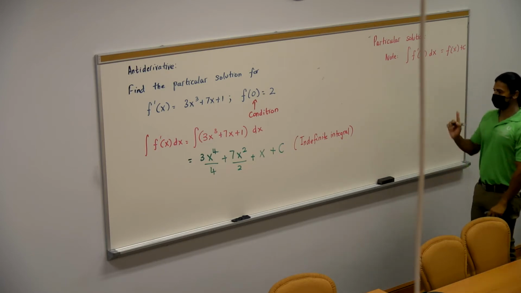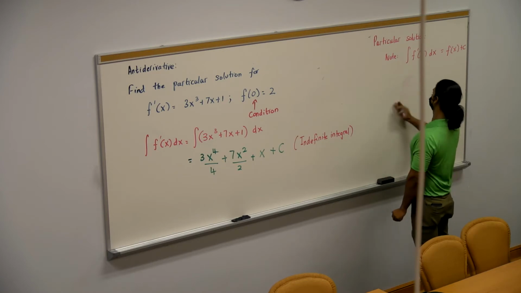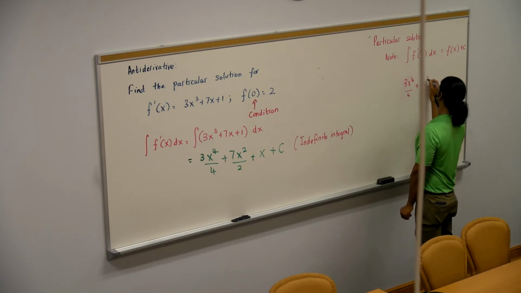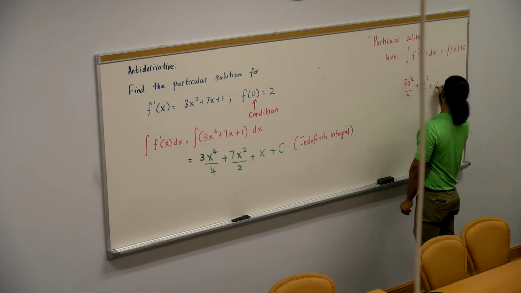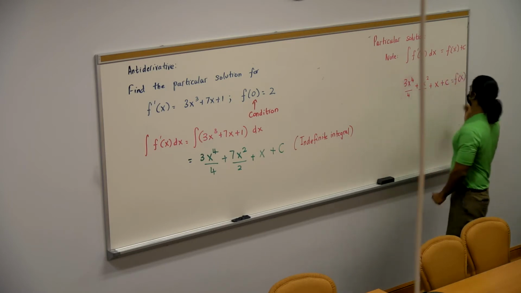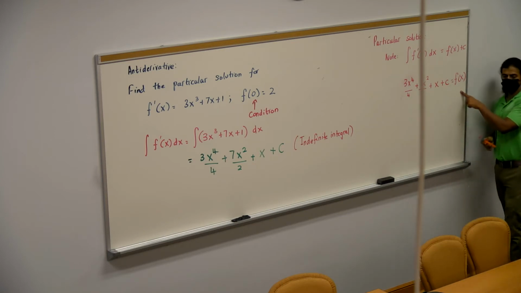We know 3x raised to 4. That is the function that we found. So the function is equal to f of x, the antiderivative.